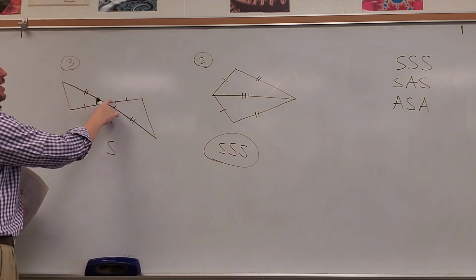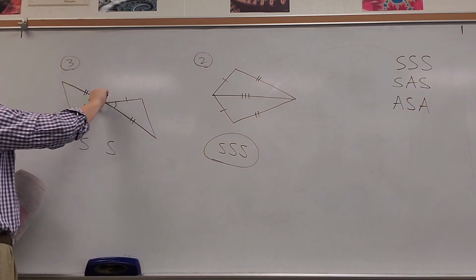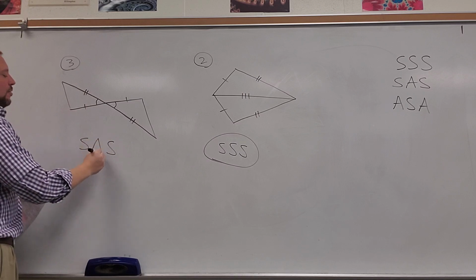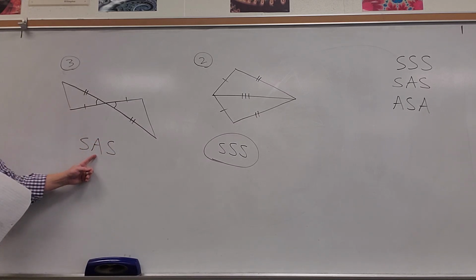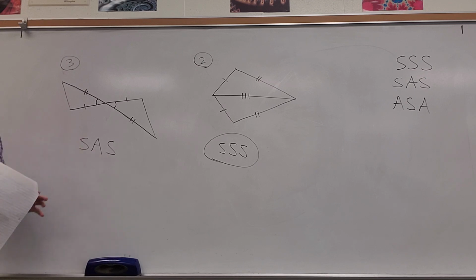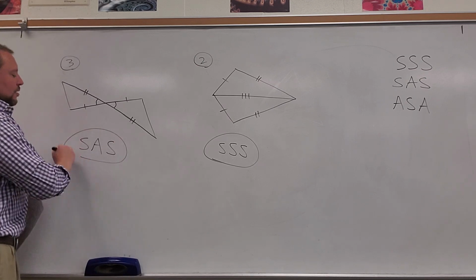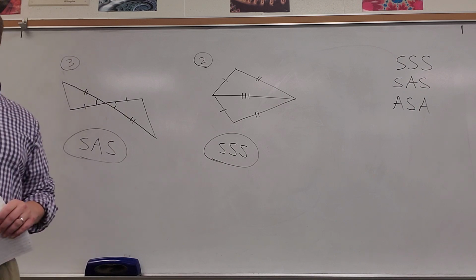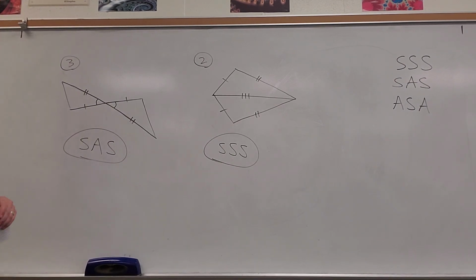See it? Those sides come together to form this angle in the middle. So the angle is the included angle, giving us SAS. It doesn't spell donkey, so that's good. That is the shortcut we would use on this one to prove those triangles congruent.